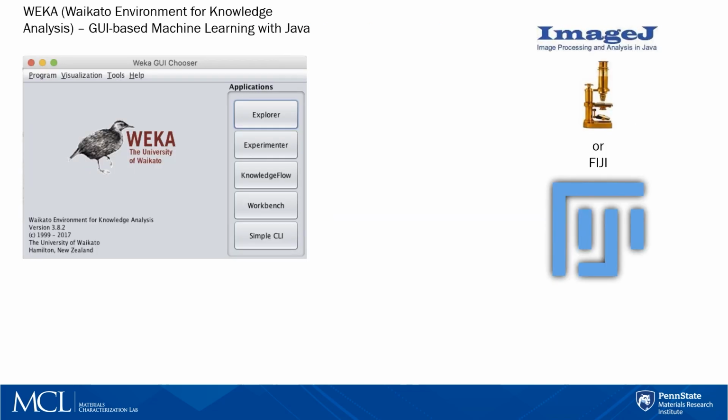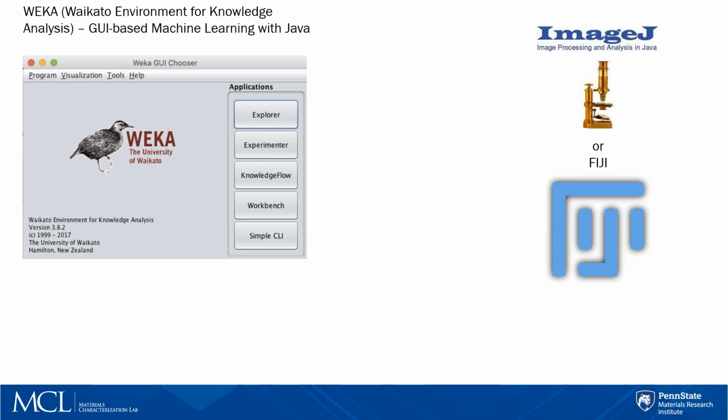An example of supervised machine learning is this WEKA software, Waikato Environment for Knowledge Analysis, which is a GUI-based machine learning tool that leverages the Java language. And on our right, we have ImageJ, which is also found in prepackaged software called FIJI, which just includes all the plugins that come along with ImageJ.